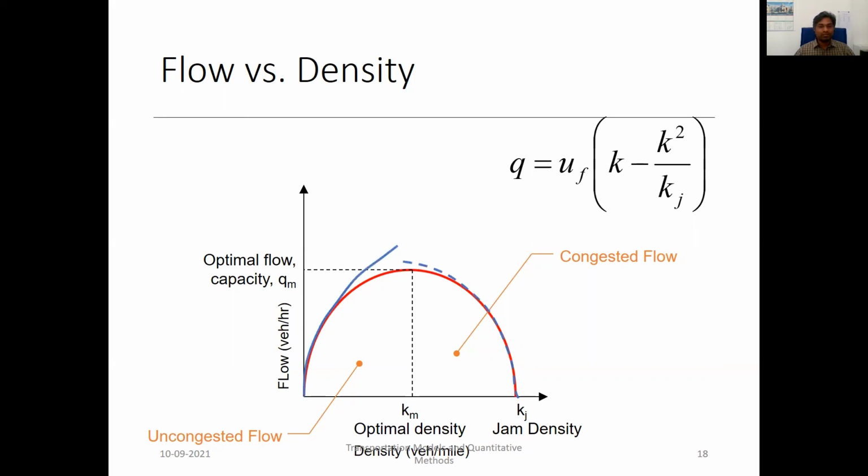So this is the two-regime traffic flow condition compared to single regime. There is a difference between the single line and the two lines which are shown over here, which were developed, or you can say suggested, by different researchers. So this is called the two-regime condition, a separate diagram for free flow condition and congestion condition.